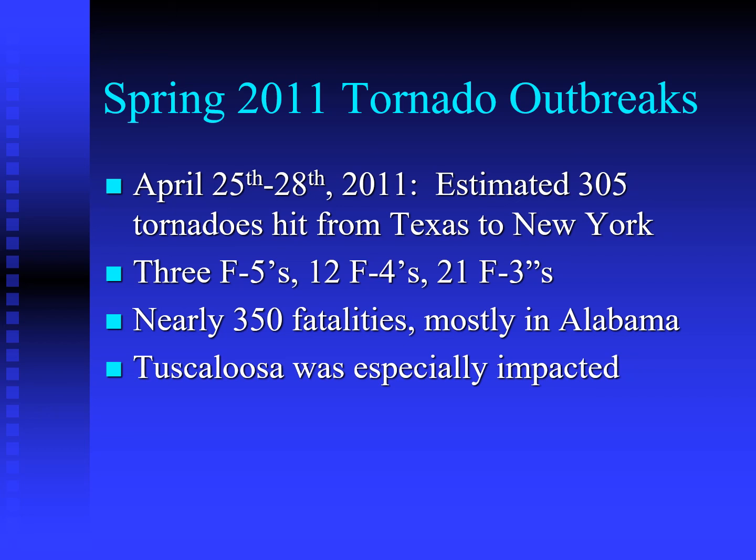New York is not used to getting tornadoes. This was really bad. You had 21 F3s, those are horrible, 12 F4s, which are even worse, and 3 F5s, which are just catastrophic. So nearly 350 people killed, mostly in Alabama, and Tuscaloosa was very hard hit.